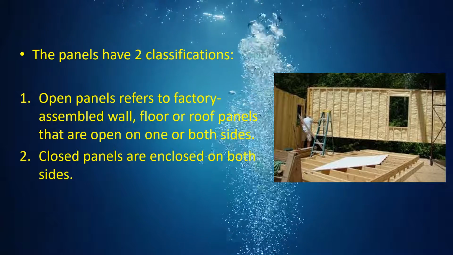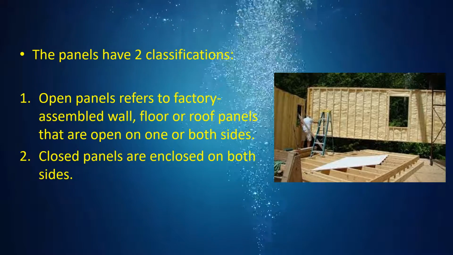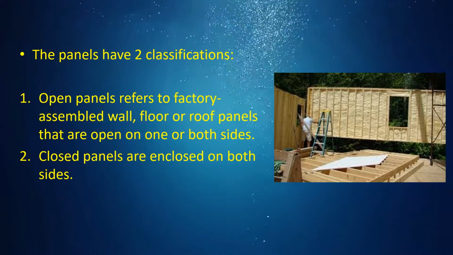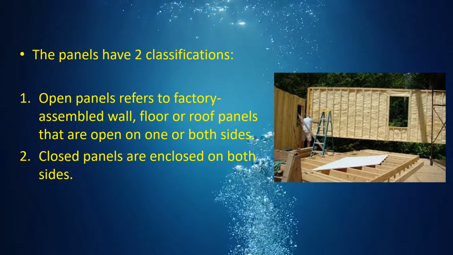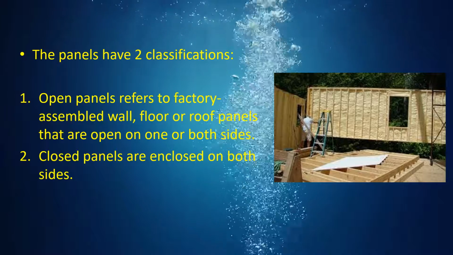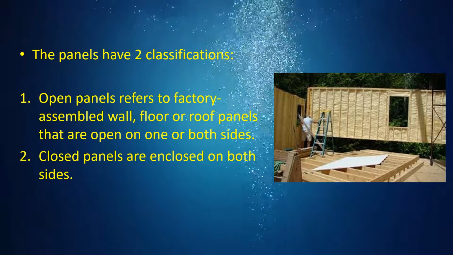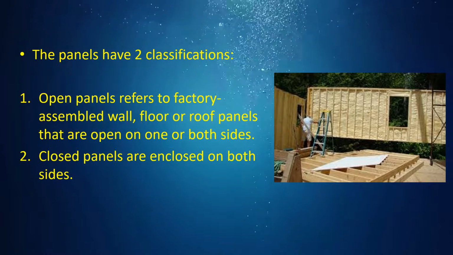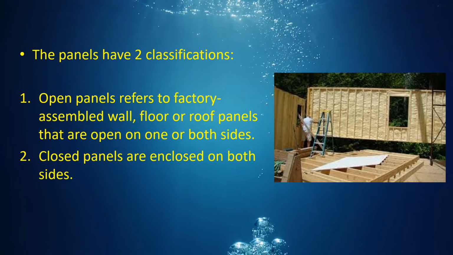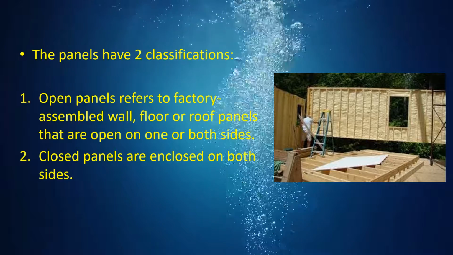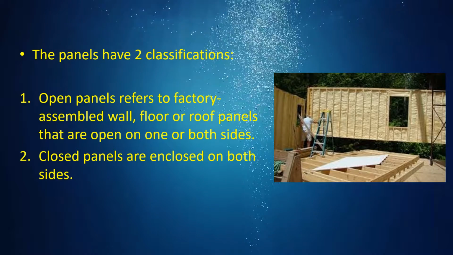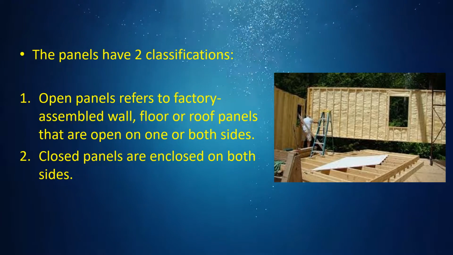The panels themselves fall into classification of open or closed. Number 1, open panels refer to factory-assembled wall, floor or roof panels that are open on one or both sides to facilitate construction, installation and regulatory inspections of mechanical, electrical, and plumbing services.